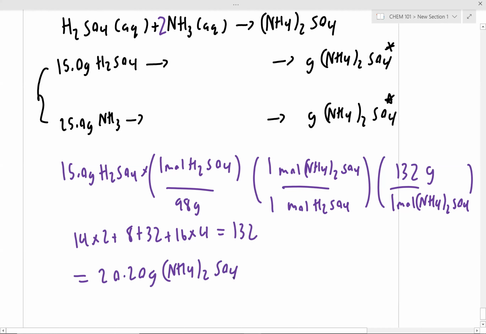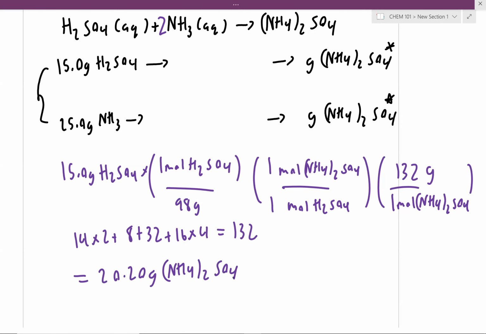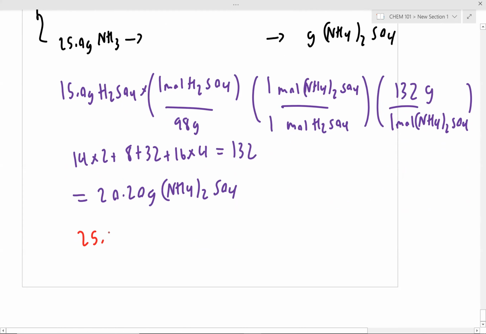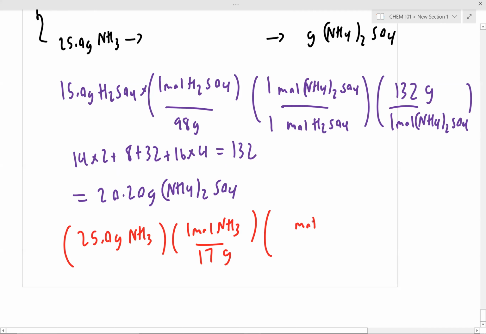But we're not done. We still need to see how much ammonium sulfate we get from our ammonia. So let's do just that. So we have 25.0 grams of ammonia. In 1 mole of ammonia, we have a total of 17 grams. And my question to all of you, to make 1 mole of ammonium sulfate, we use up how many moles of ammonia?